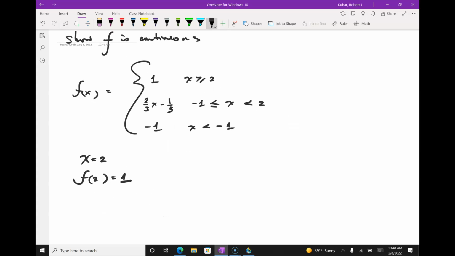So now what do I have to show? I have to show that the limit as x goes to 2 of the other piece is equal to what? Yep. Is that clear? Remember, I'm plugging into the function, then checking the limit, and making sure they match, all at once.